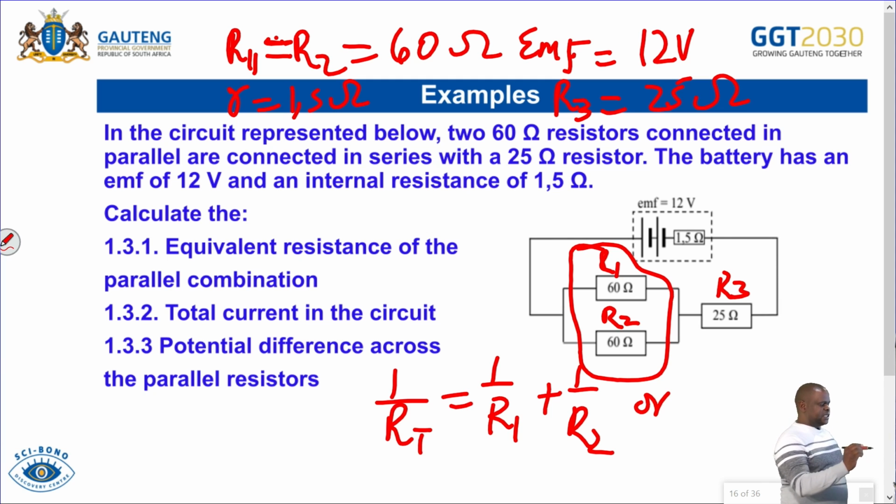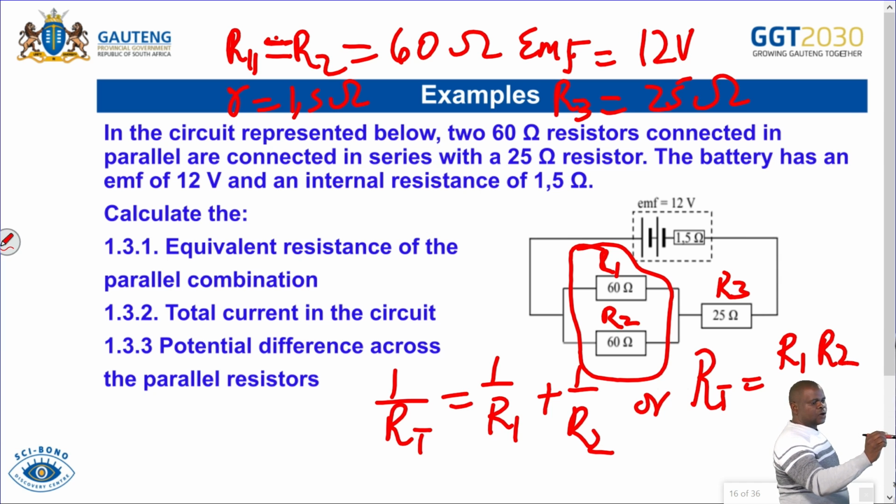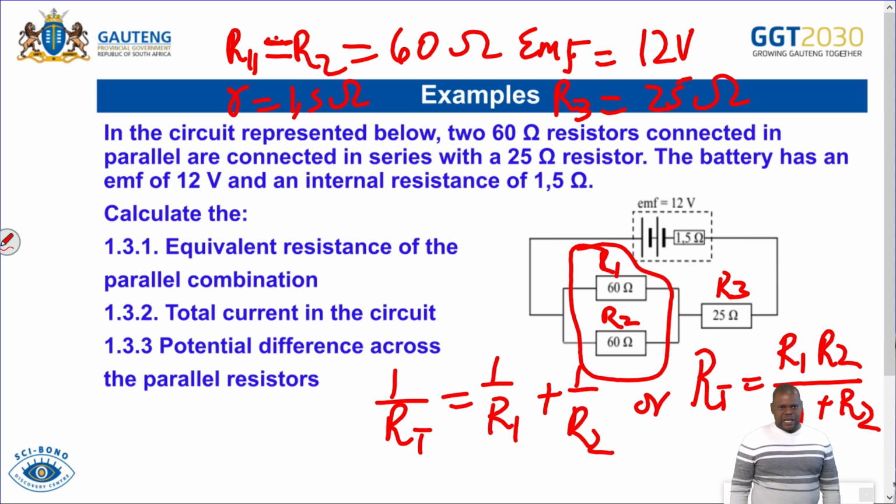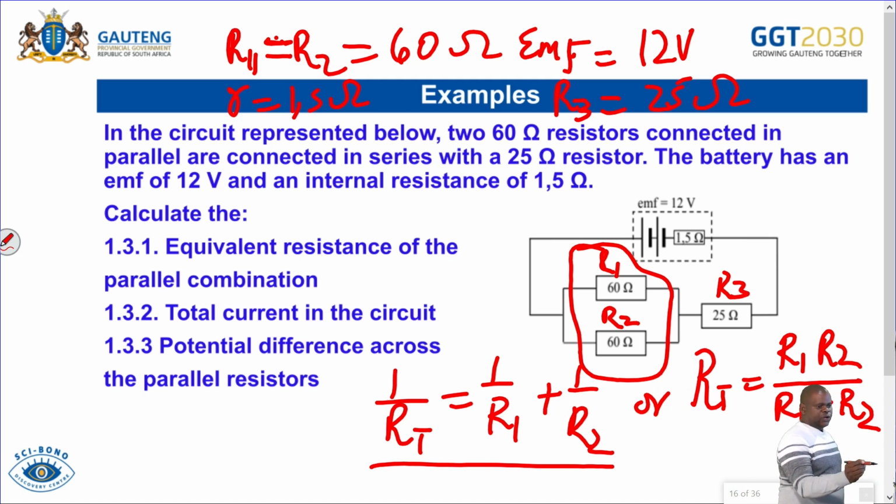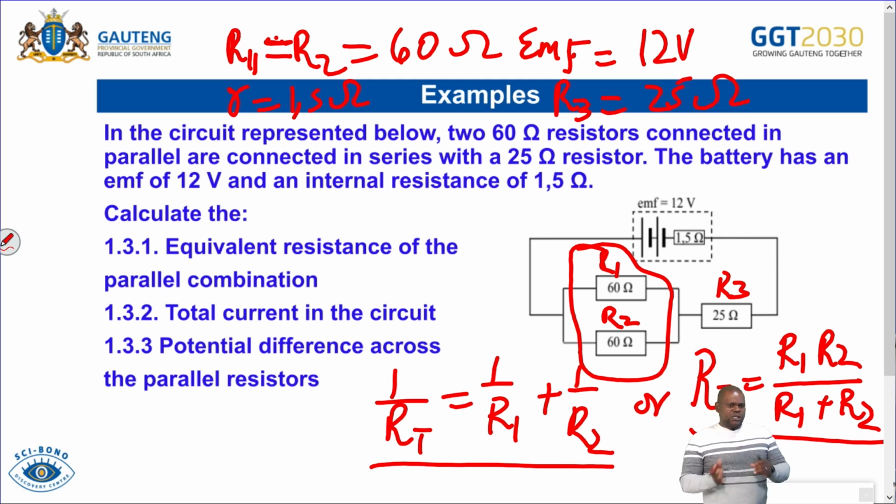Or you can say R total is equal to R1 times R2 divided by R1 plus R2. You can use either formula, grade 11s. You must learn how to use both.